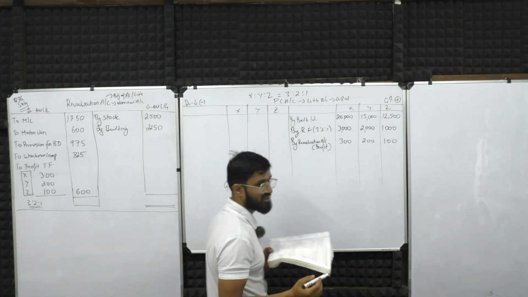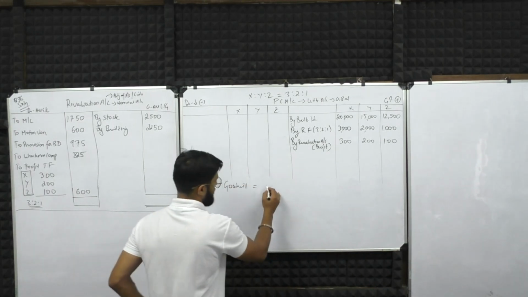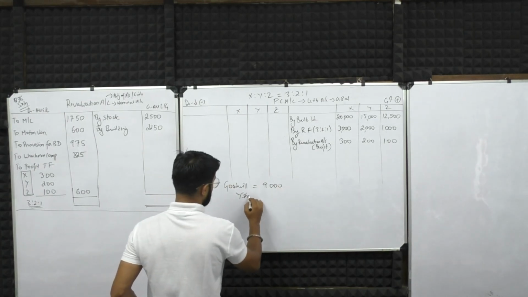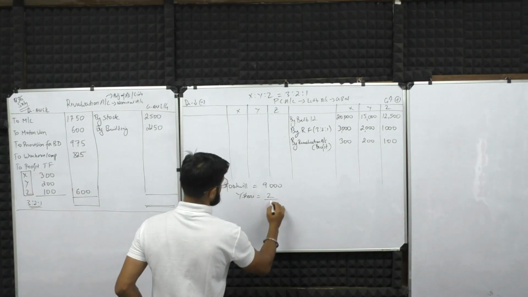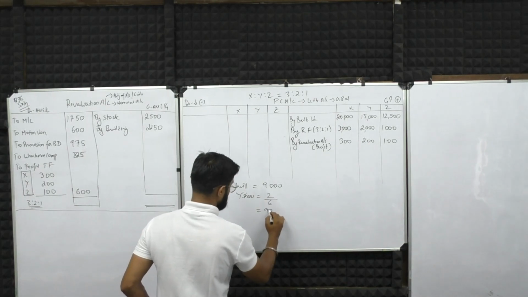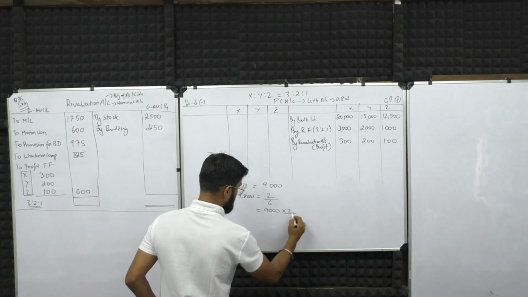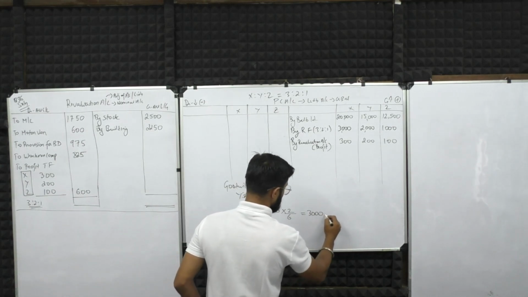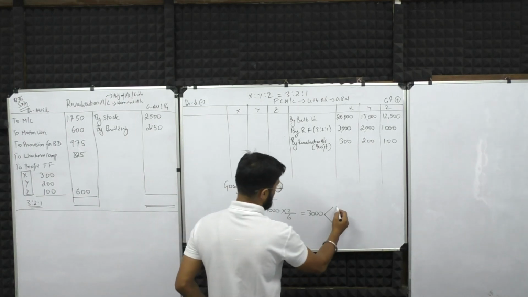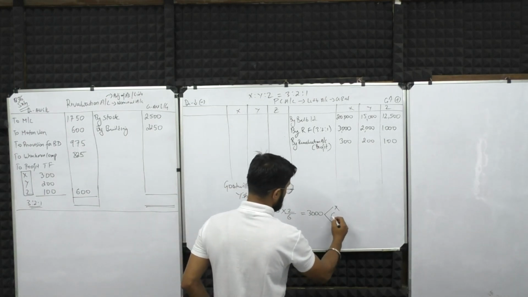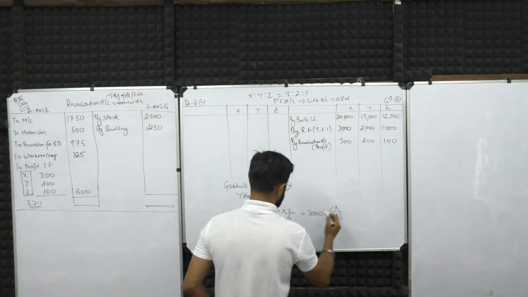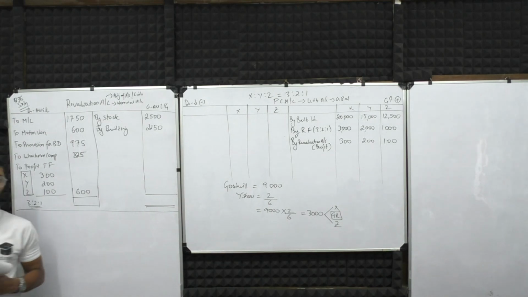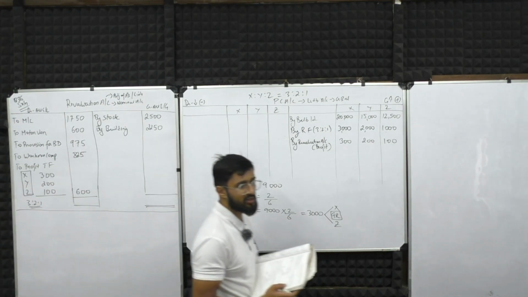Y's share is 2 by 6, so 9,000 into 2 by 6 is 3,000. This will be given to Y, who will give X and Z, in which ratio? In the gaining ratio.